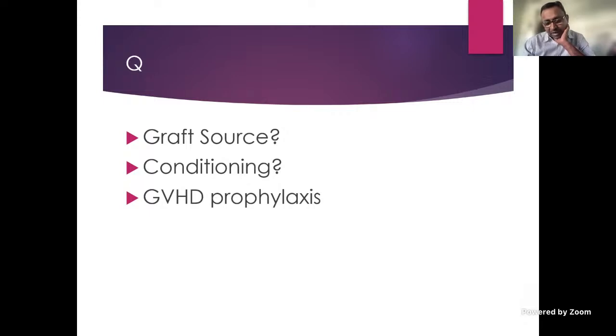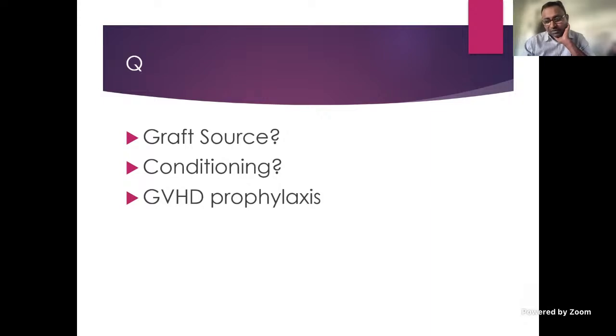And we know in marrow failure diseases, in PNH and other things, graft rejection, primary graft failure, and engraftment is a big issue. And as Narendra was saying, the stem cell dose is quite tricky in a bone marrow source as well.